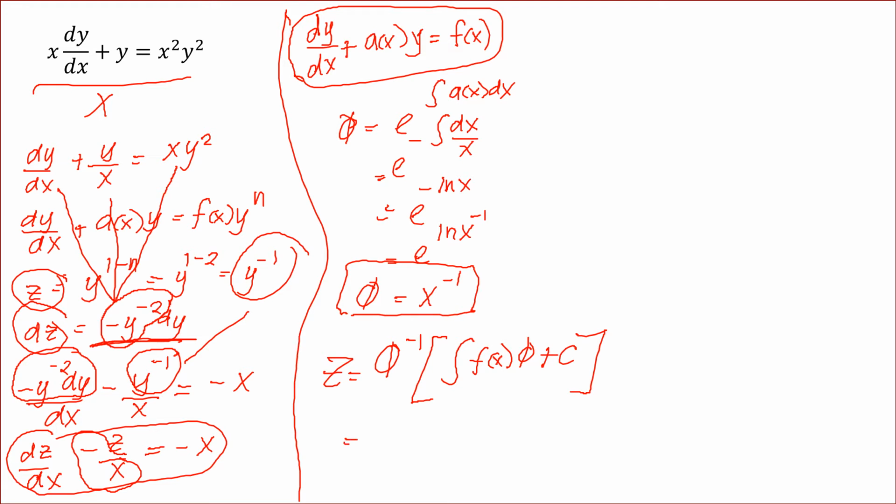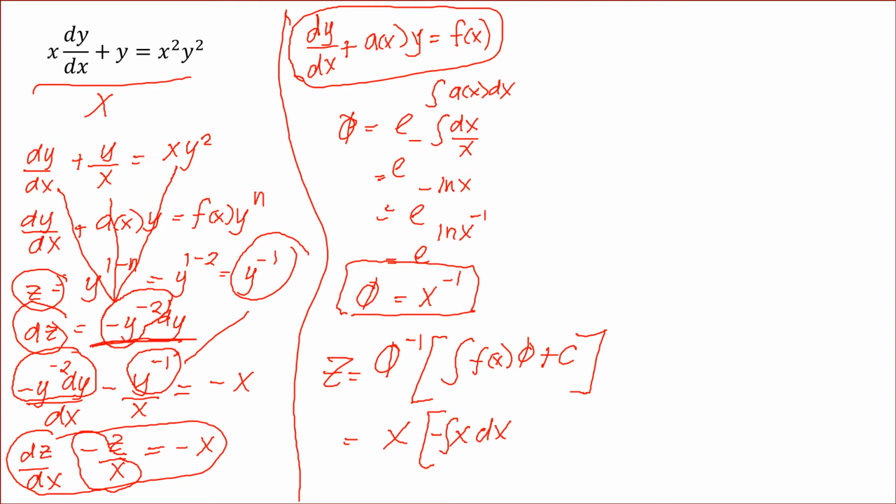In this case, we have phi as x to the negative 1, and when you invert that, we have x. Integral of f of x. What is your f of x? You have a negative x. So we have x here and dx.